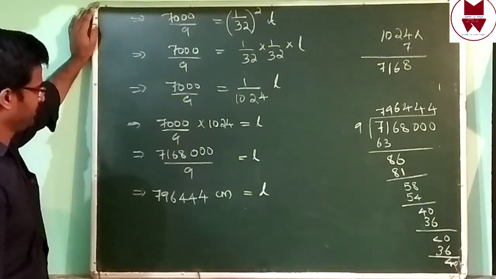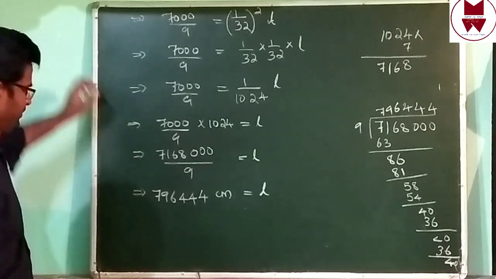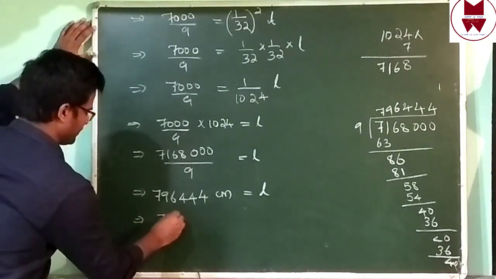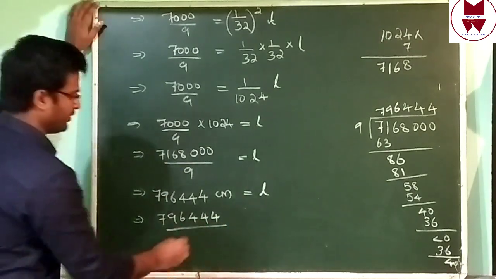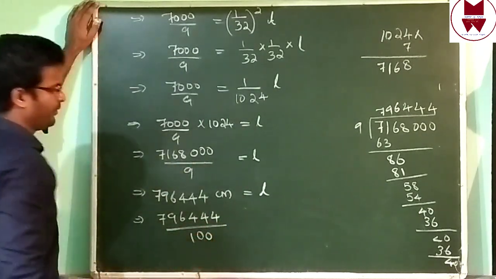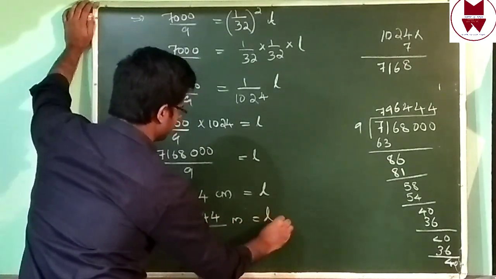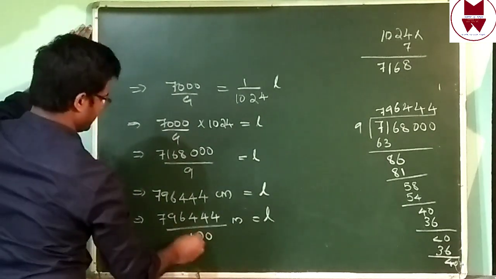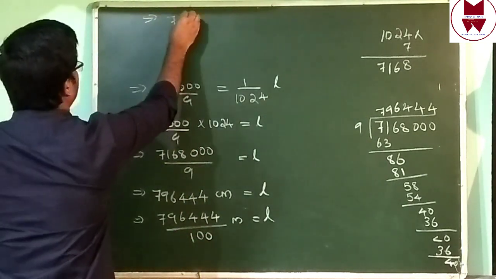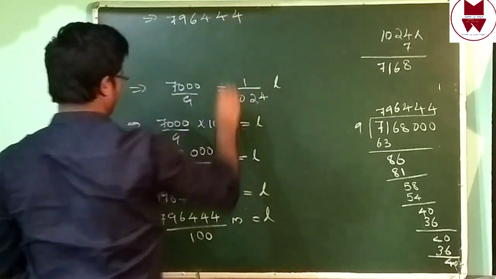Now we can change the centimeter value to meter. For that, 7 9 6 4 4 4 divided by 100, because 100 centimeter is 1 meter. Then we can write 7 9 6 4 4 4.